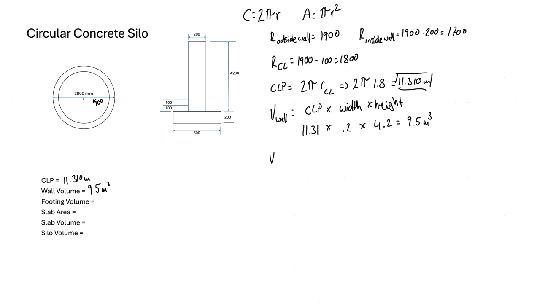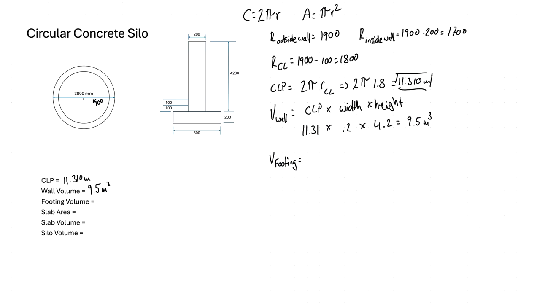Volume footing. And again, it's always nice to write out what it is you're actually trying to find out. So you know when you have to restudy for it or refigure something out from a problem you've already solved for a different problem, then you can easily retrace your steps. So footing works exactly like the wall. We have our length times width times height.